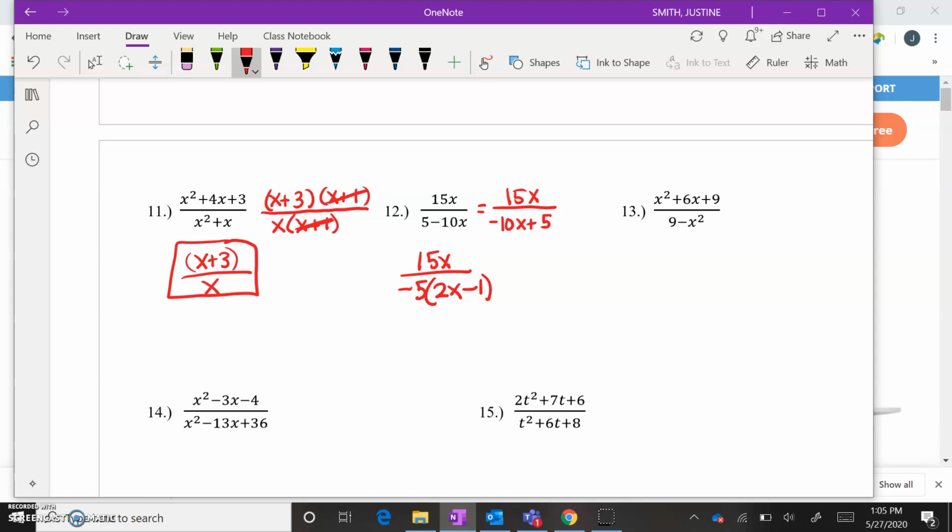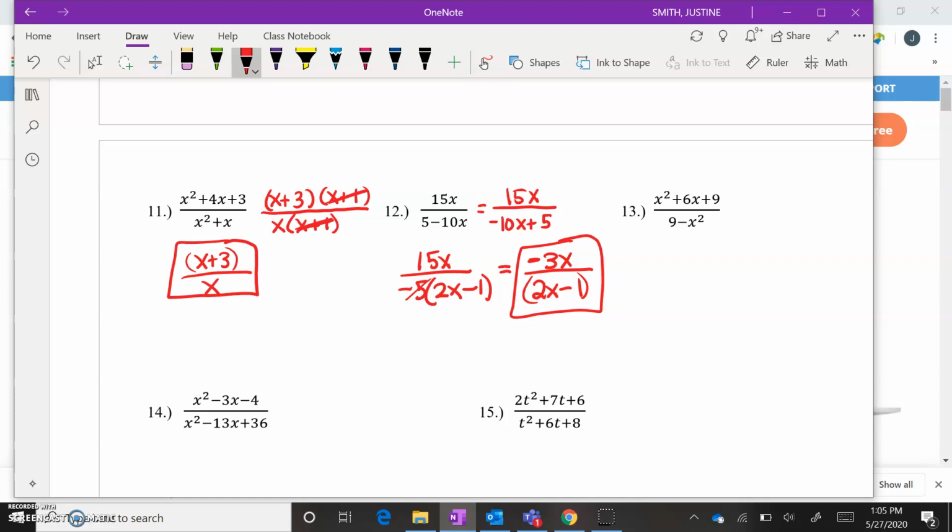Now I can simplify the 15 and the negative 5. Negative 5 goes into 15 negative 3 times x, and then 2x minus 1. And again, the reason you can simplify 15x and negative 5 is because 15 is connected to the x by multiplication, not addition or subtraction.